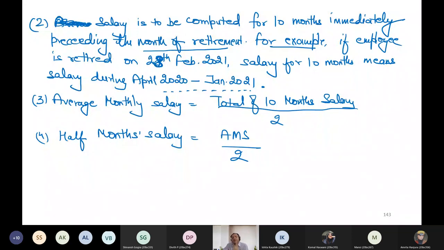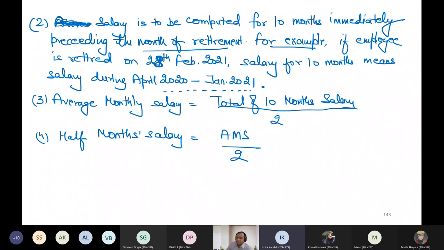In the working out, you have to take 10 months salary, and while computing 10 months, you have to ignore the month of retirement, and then you go backward till 10 months are coming. In my example, I assume that the employee retired in Feb 21, so I ignored Feb and I took the salary from April 20 till Jan 21. These will become 10 months. So you have 10 months salary. You divide it by 10, you get 1 month salary, that is average. You again divide it by 2, so you get half month salary.